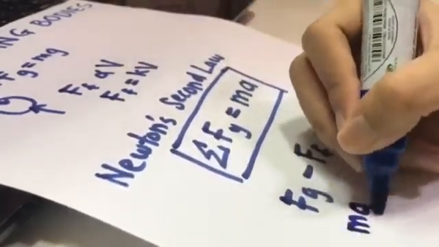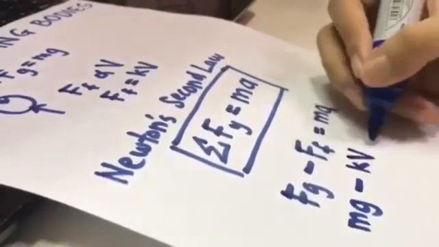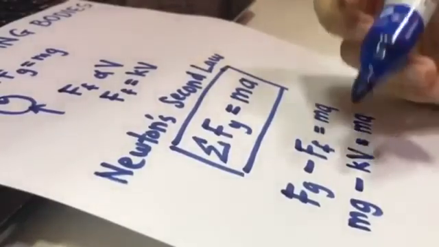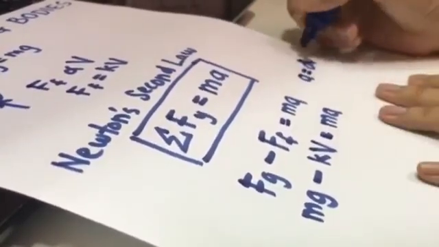So mass times gravity minus constant k times v equals ma. In this step, we take the acceleration as instantaneous acceleration, so we substitute a equals dv/dt into the equation.